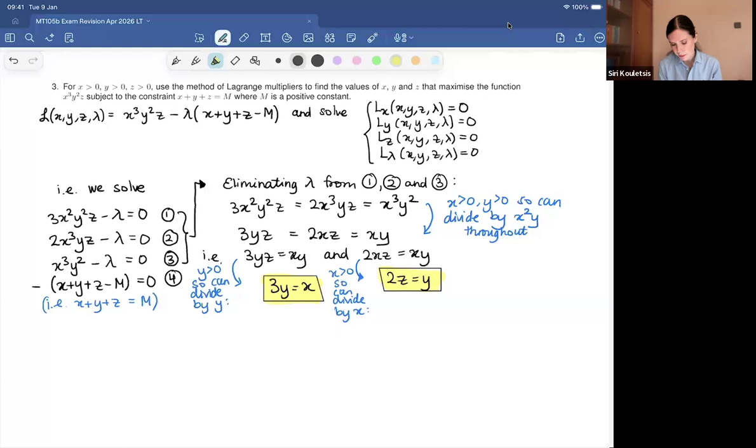So that's what happens when we eliminate lambda from equations 1, 2, and 3: we get a relationship between x, y, and z that we can use to substitute into equation 4, and equation 4 will now become an equation in only one variable.